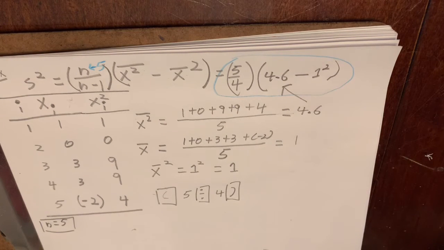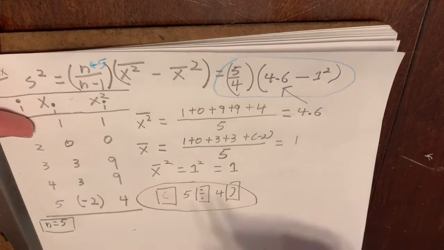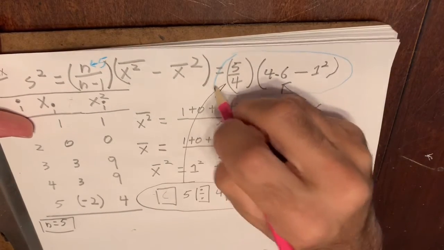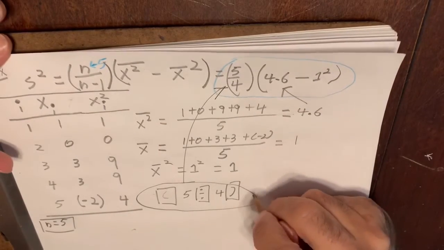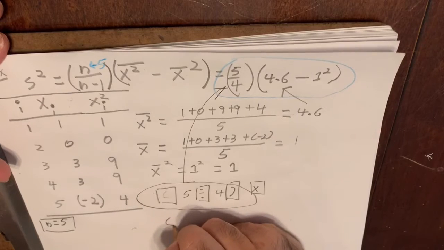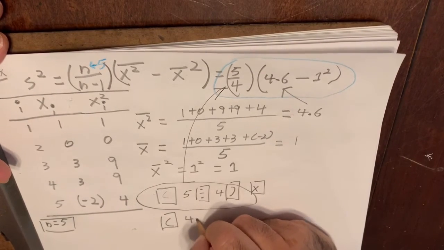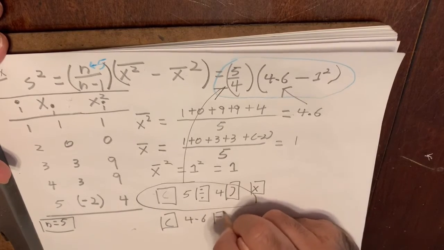So I'm going to just circle this. So this is that. And then we're going to hit the times button. And then we're going to hit the parenthesis button again. And then we're going to hit 4.6 minus button.